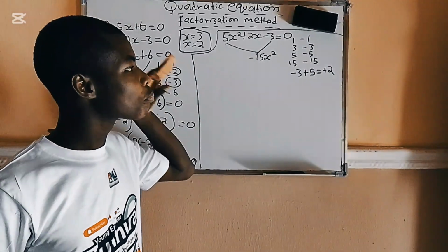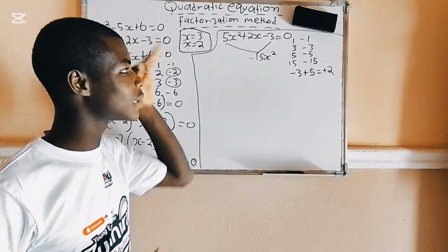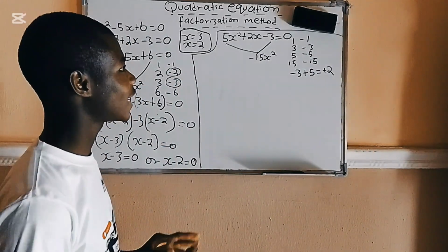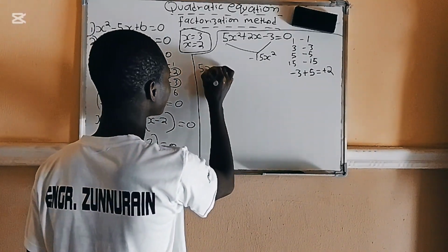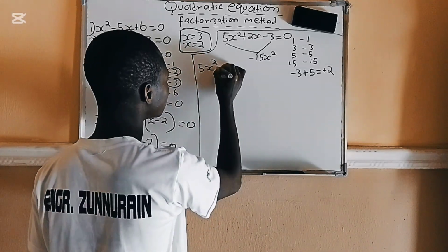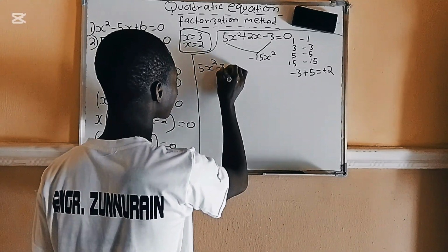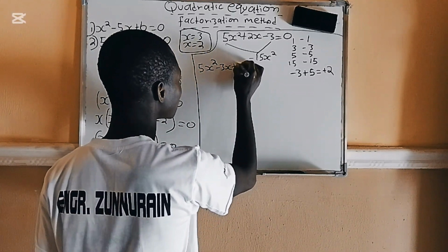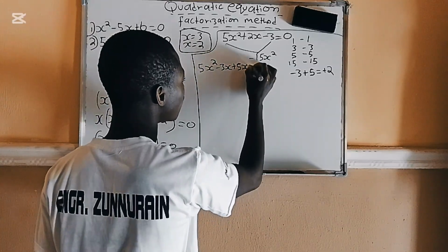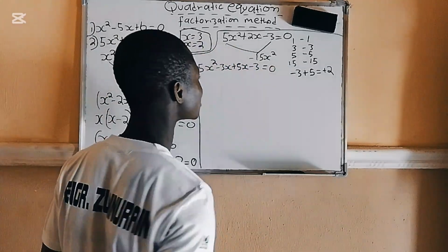So minus 3 plus positive 5 are the values that we need. So therefore, 5x squared minus 3x plus 5x minus 3 will be equal to 0.